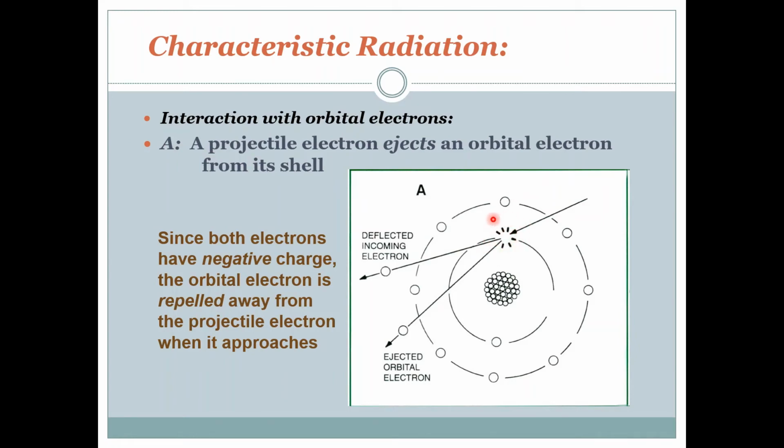What's important here is that you have an incoming electron, which came in with enough energy, and it ejected an orbital electron, and itself was deflected away from the atom.